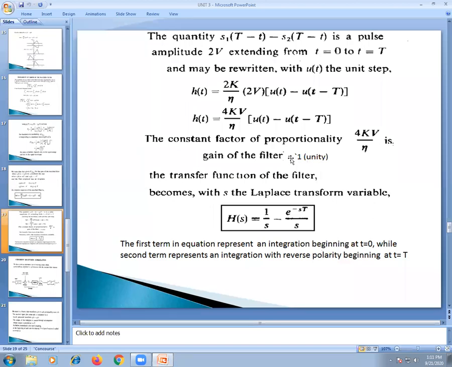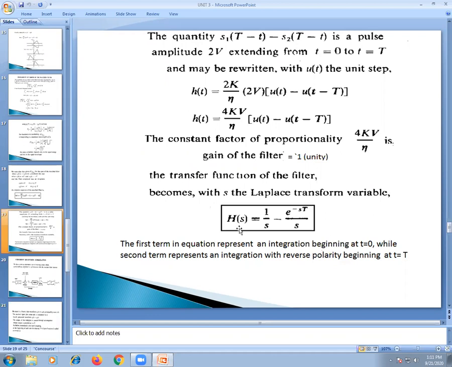The transfer function of the filter becomes, with s, the Laplace transfer function applied to this h(t). For h(t), apply the Laplace transform, then h(t) is converted to h(s).